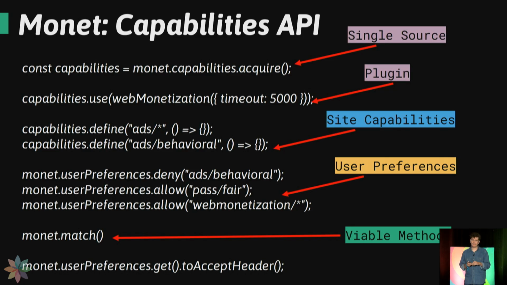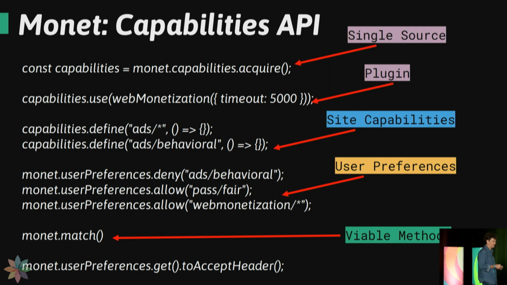I won't go into all the details of this because it gets into the weeds, but there's a lot of sort of capabilities here. It's a plugin-based architecture, so you can have lots of different ways to augment the monetization capabilities. And it's all built on top of something like MIME types.